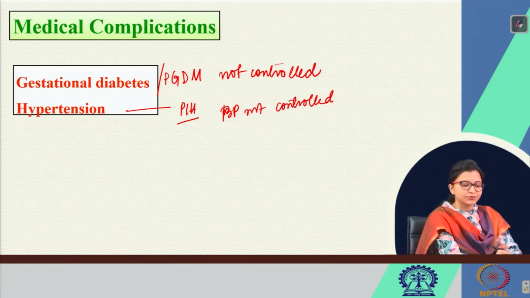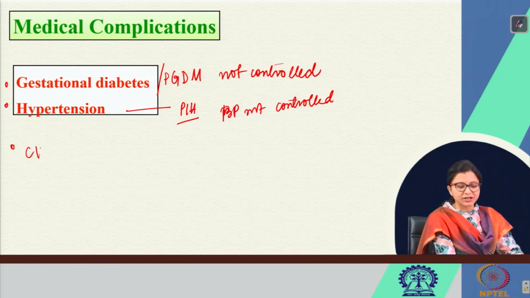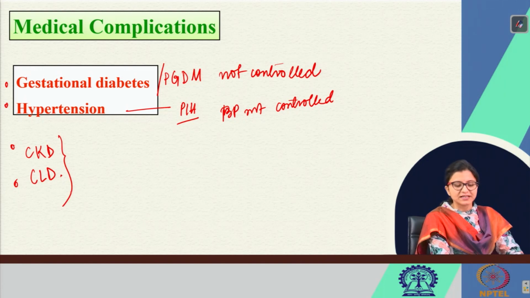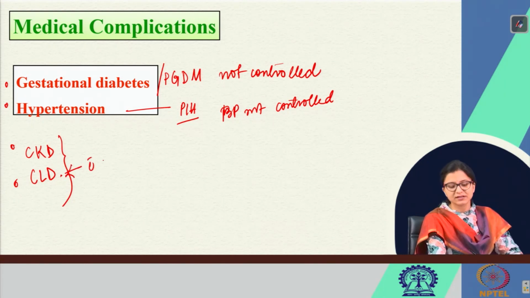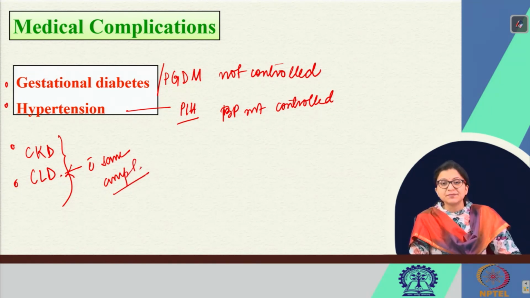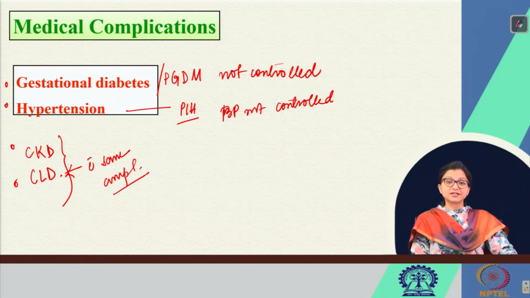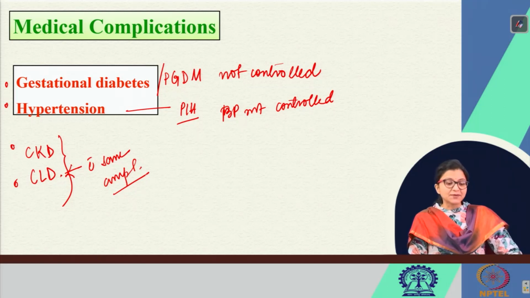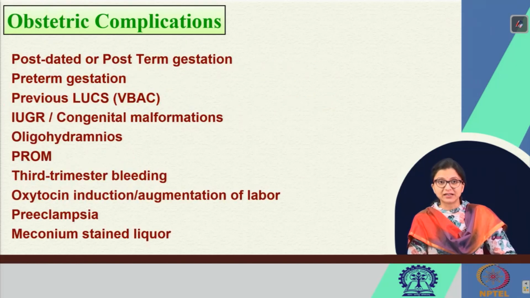In case of chronic kidney disease or chronic liver disease, with complications such as raised creatinine, raised bilirubin, jaundice in the mother, or liver cirrhosis. These are complications on the part of the mother in the form of medical complications.